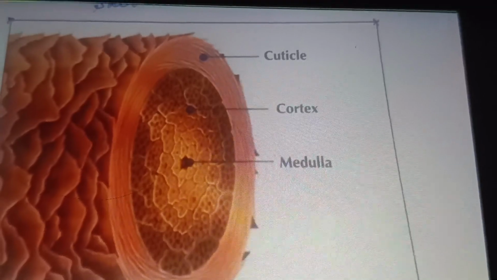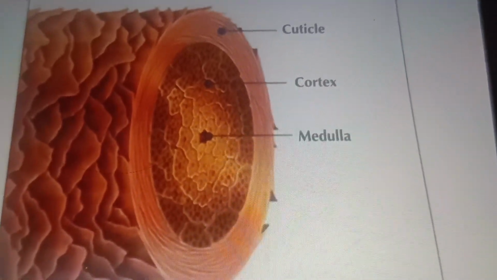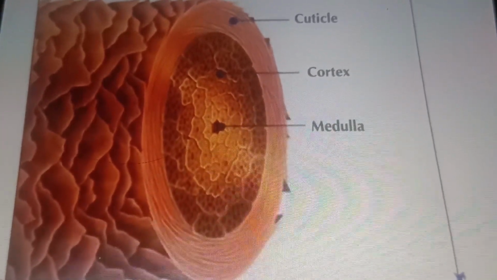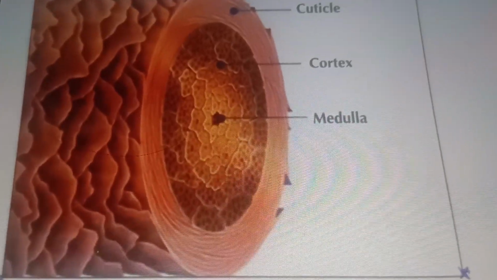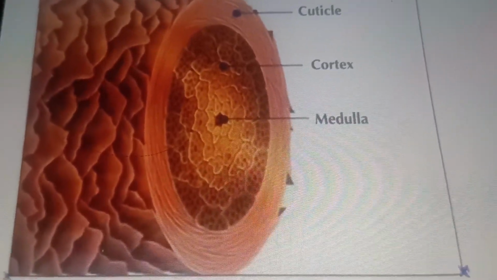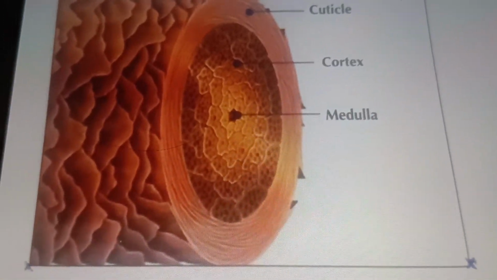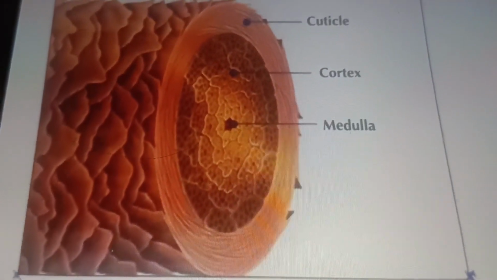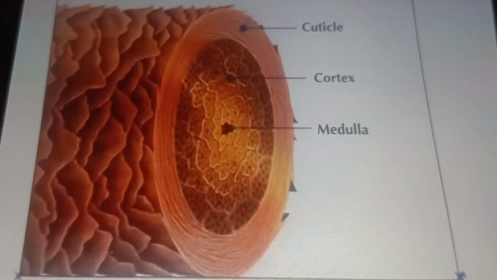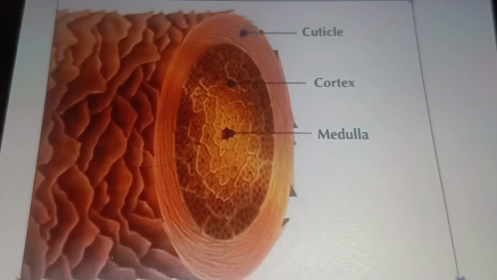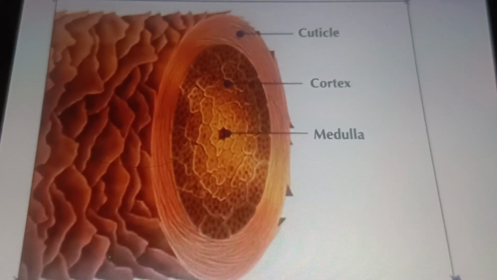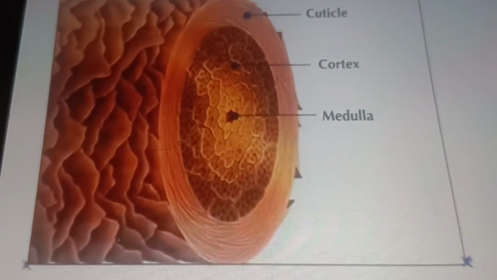Second is the cortex. It provides strength, elasticity, color and texture of hair. It consists of long keratin filaments which are held together by disulfide and hydrogen bonds.